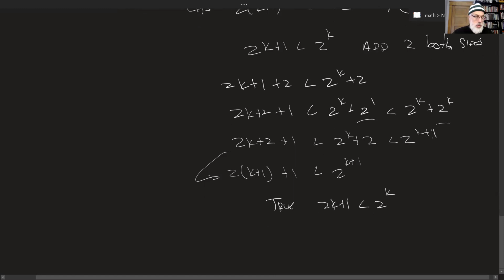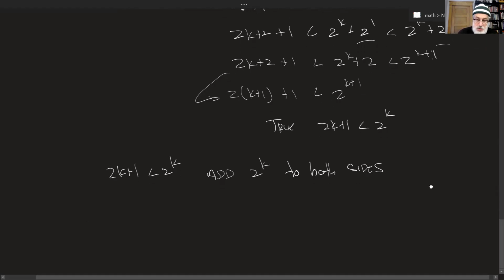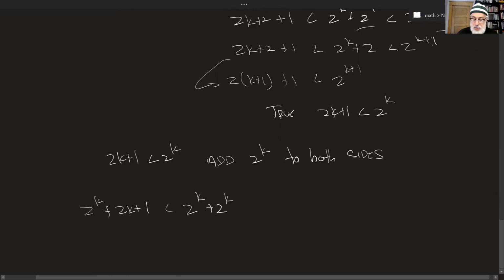So why did we go through all of that? Well, we're going to take this 2k plus 1 less than 2^k, which we know to be true. We're going to add 2k to both sides. 2k is positive. This won't affect the inequality. So 2k plus 2k plus 1 is less than 2^k plus 2^k.